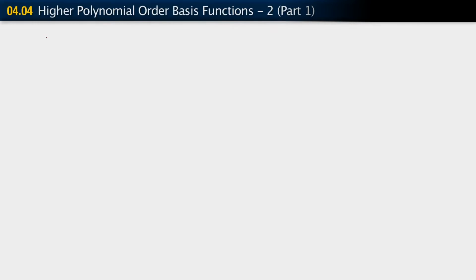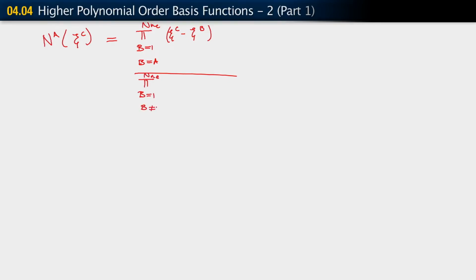In particular, let's suppose we evaluate N_A not at xi_A but at some xi_C, where of course we are saying here that C is not equal to A. So we have the product B equals 1 to the number of nodes, not equal to A, here we have xi_C minus xi_B, remember, that's a product of all those sorts of terms, divided by another product, same limits, B not equal to A. Here we get xi_A minus xi_B.